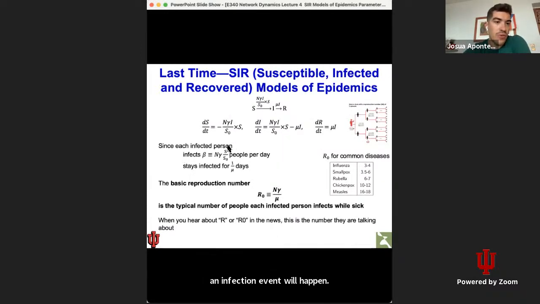Right. This is just what I was explaining up to here, and from these parameters we can calculate what the basic reproductive number is, and this basically indicates the typical number an infected individual will infect in an otherwise totally susceptible population. That's what's called R0.